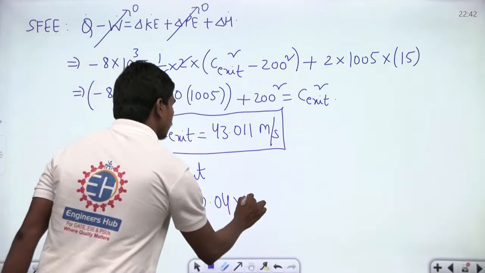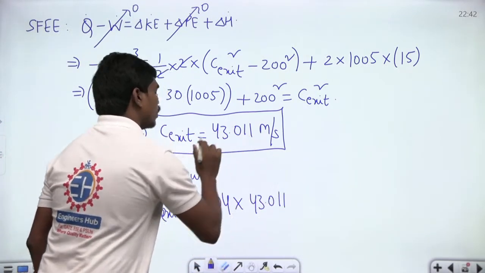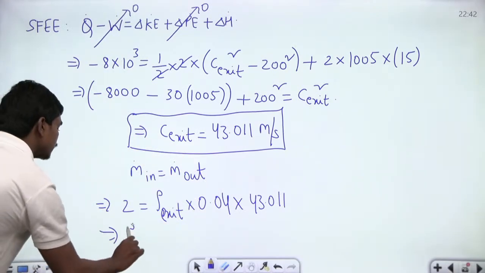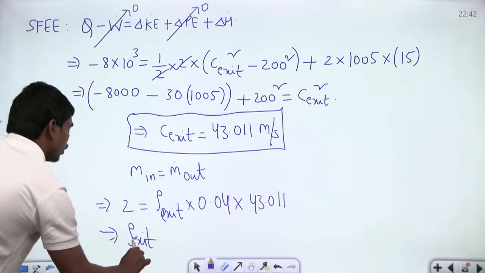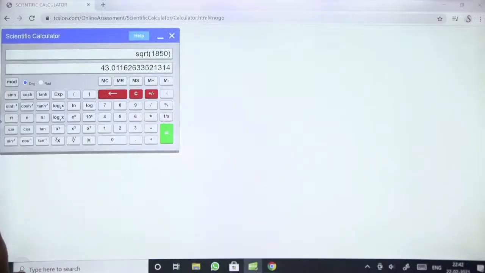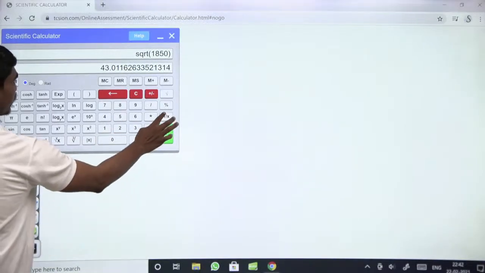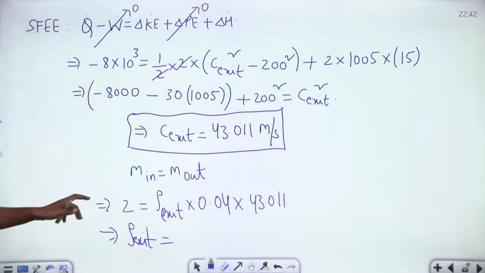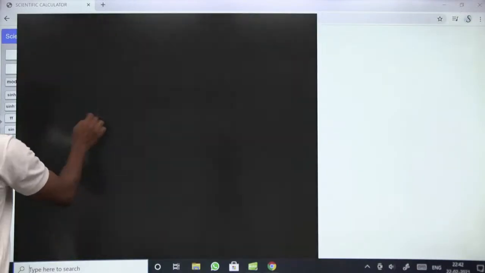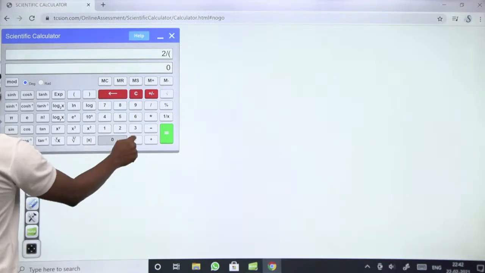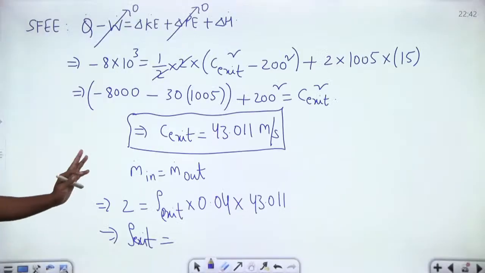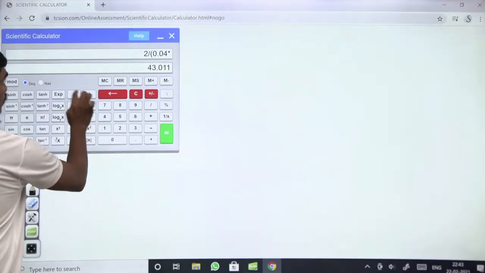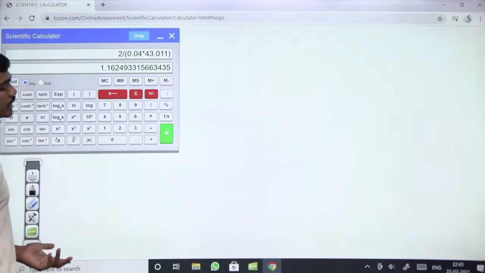V is 43.011. Let us calculate the density at exit: 2 divided by 0.04 into 43.011. So this is your density, 1.1624, reasonably correct.